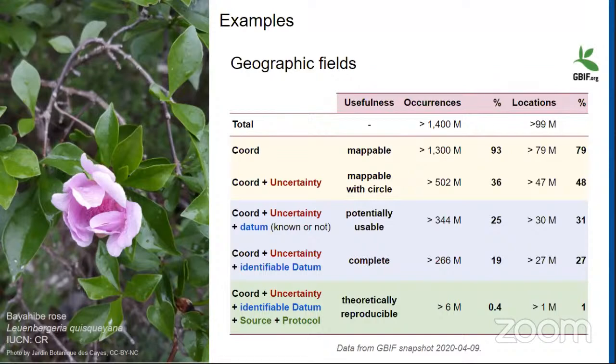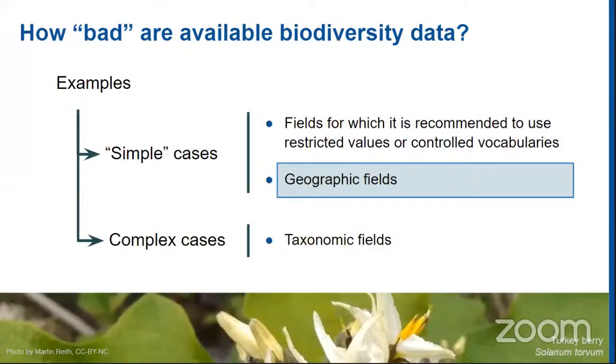So this is more or less to show you the general kinds of problems that we find in geographic information. As we saw before, there are some shared problems between these two categories because some geographic fields also require controlled vocabularies like country code, country and continent. So we also find those kinds of problems for the geographic information.